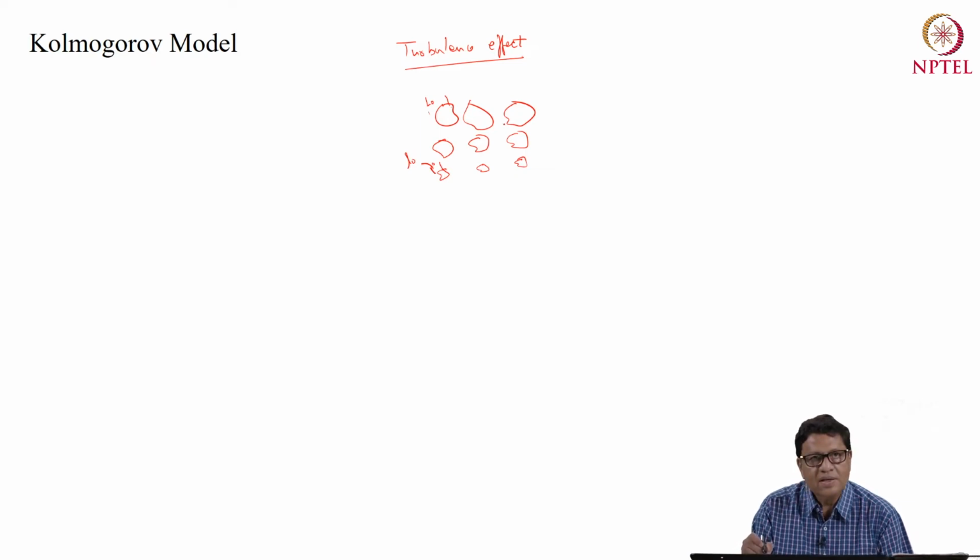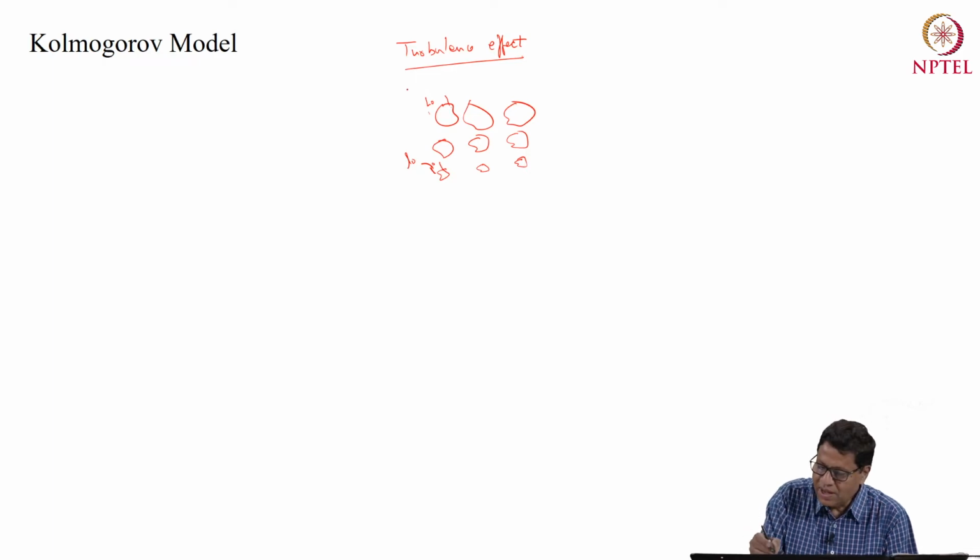The large size eddies are unstable, so they break into smaller eddies, and these smaller eddies further break down into still smaller eddies. This process goes on until the Reynolds number is small and the eddy motion is stable in the atmosphere, and molecular viscosity is effective in dissipating the kinetic energy.